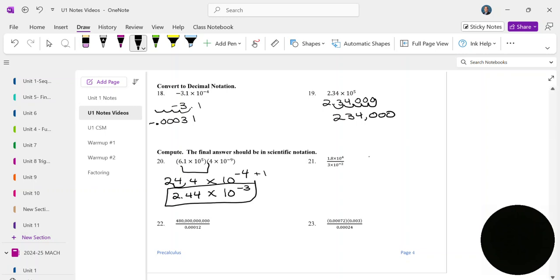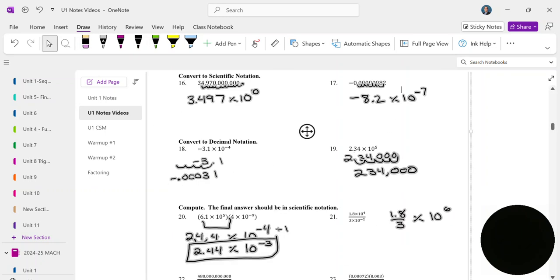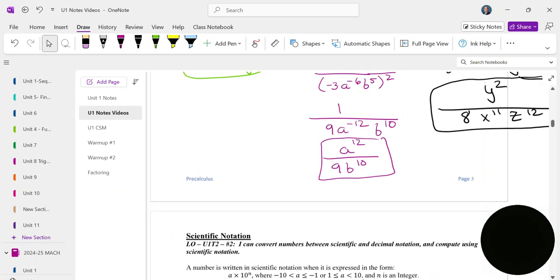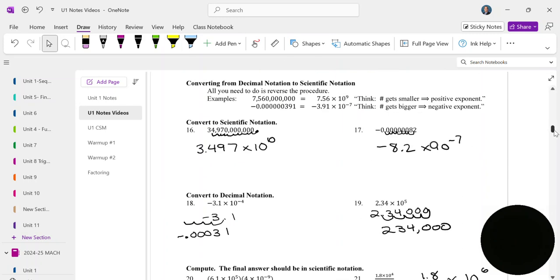1.8 divided by 3 times 10 to the 4 minus negative 2 is 10 to the 6th. 1.8 divided by 3, really quick, gives you 0.6. So this is 0.6. Hold on 1 second. We lost it.